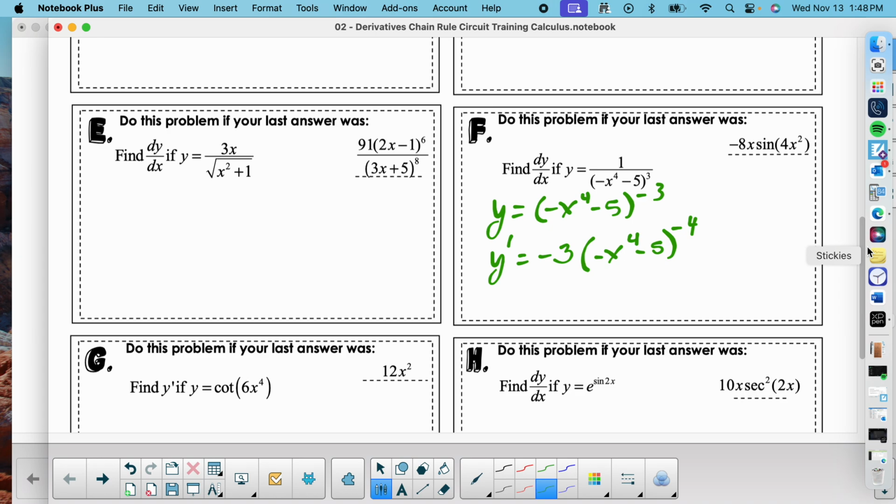You're the one that got it wrong, why wouldn't you watch me helping you do it? Subtract 1 from the power, and then at the end we have to multiply by the derivative of the inside or the derivative of the parentheses. And so derivative of negative x to the fourth, negative 4x cubed.